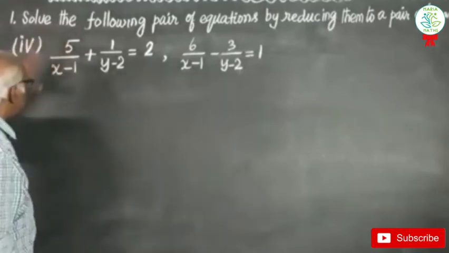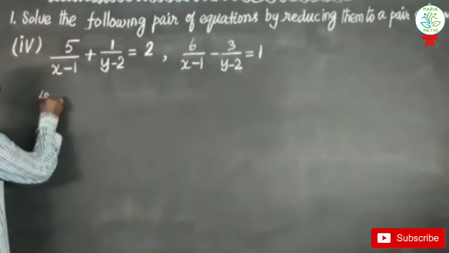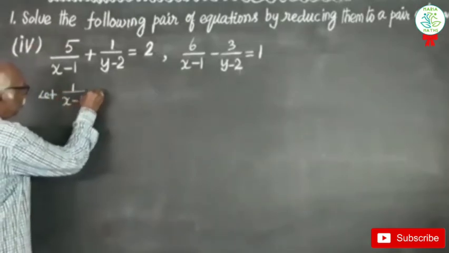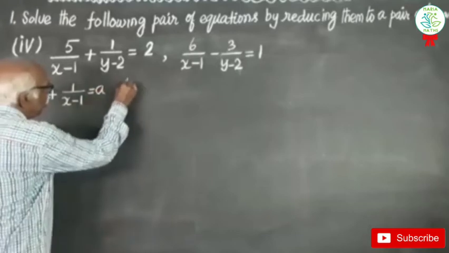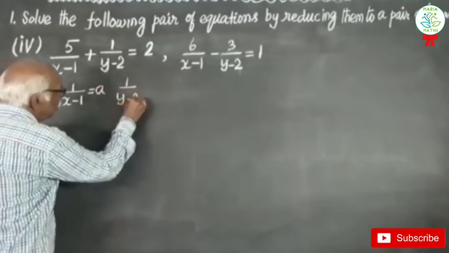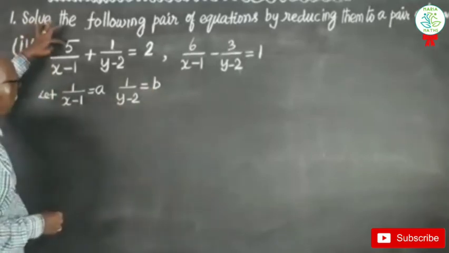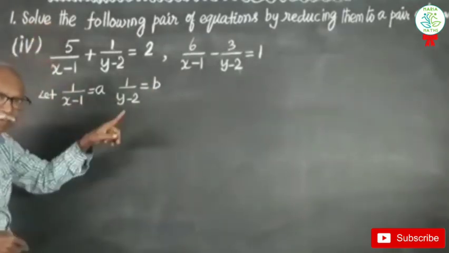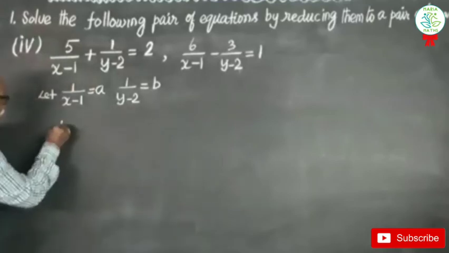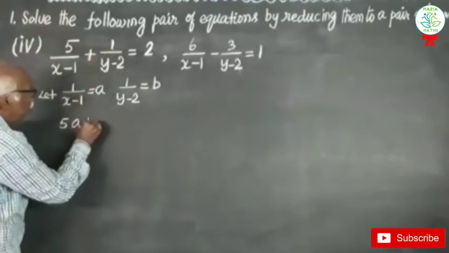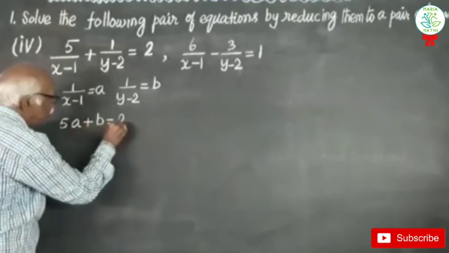Here, let 1 by x minus 1 equal to a, and 1 by y minus 2 equal to b. Then 5 by x minus 1 is 5 into 1 by x minus 1, so 5a, plus 1 by y minus 2, which is b, equal to 2.